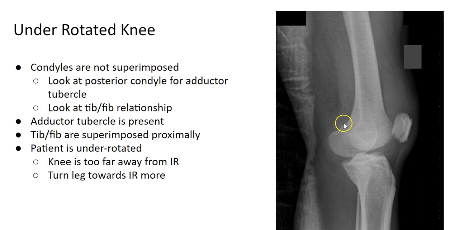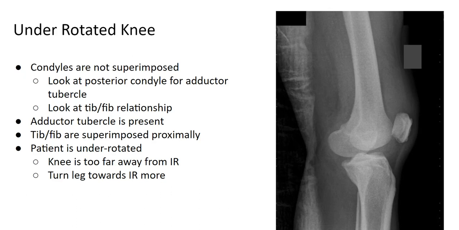There is not an adductor tubercle on the lateral femoral condyle. If you see adductor tubercle, you are always under-rotated. And what that means is you need to turn the leg more towards the image receptor. So maybe you turn them 88 degrees instead of 90, okay?